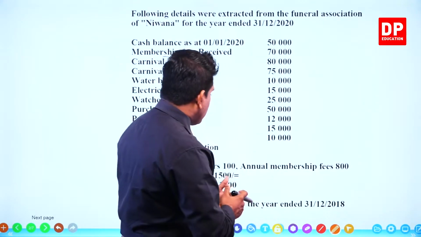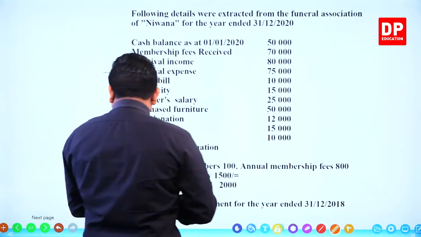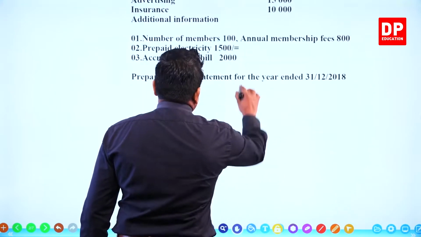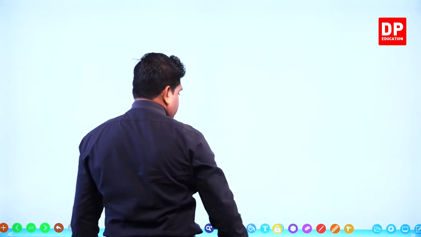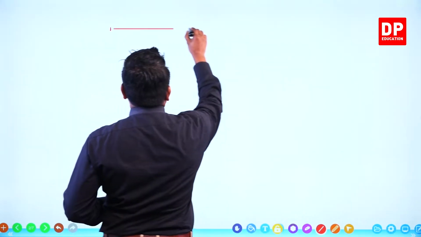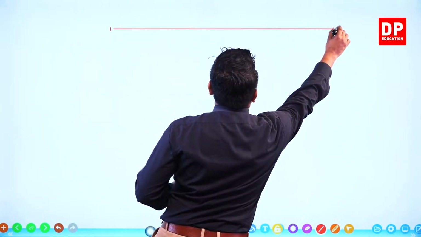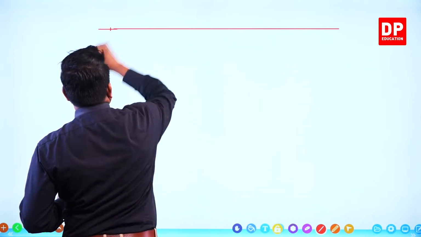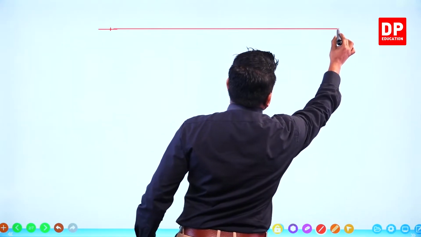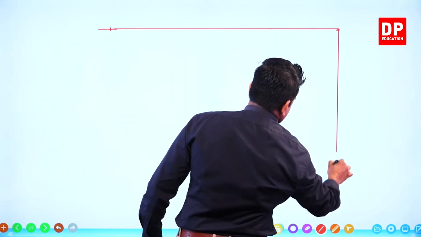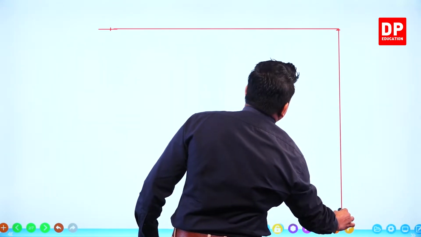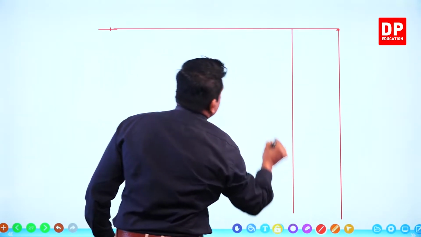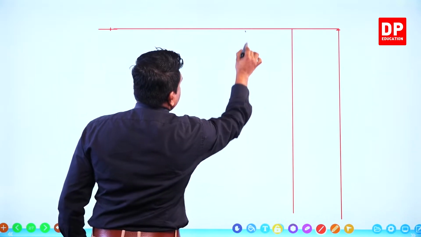So first we draw the income statement. There are two columns.